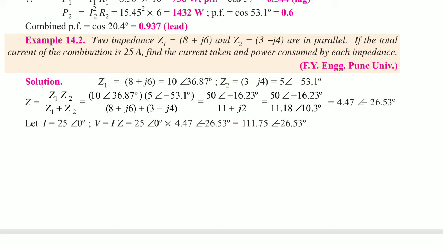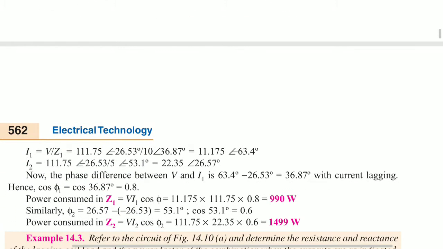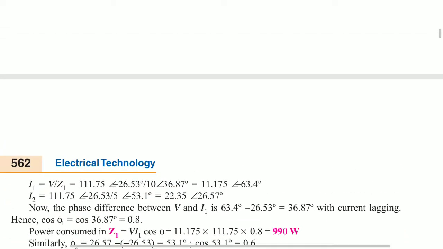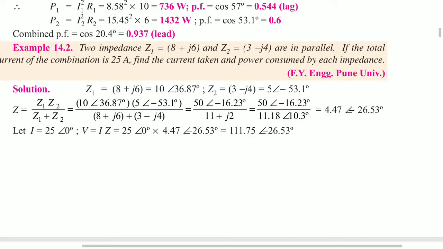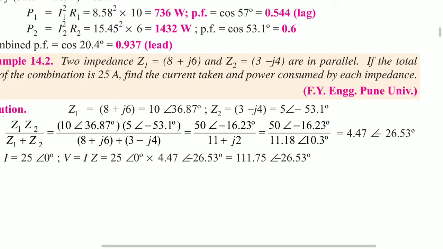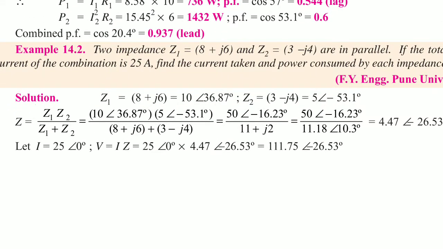We follow the same procedure as before. Z1 is given as 8 plus j6, in rectangular form. Converting to polar form gives 10 angle of 36.87 degrees.